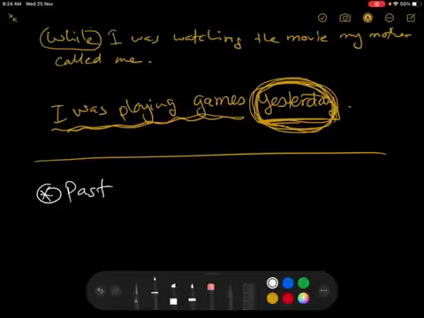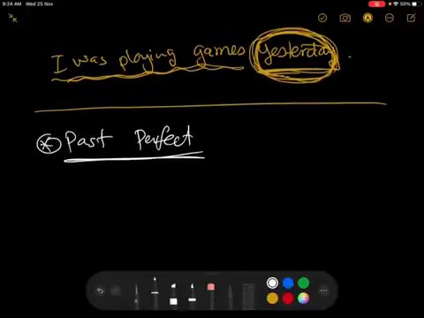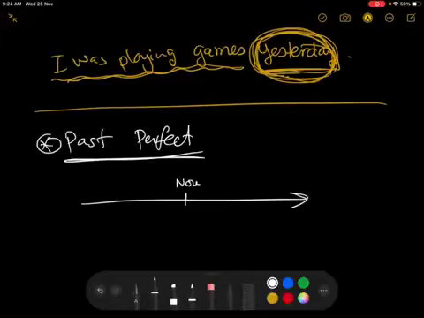But when it comes to past perfect, the point of time in the past, that's the timeline, that's the now. And we have here a point of time in the past.